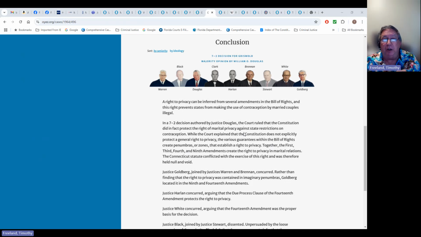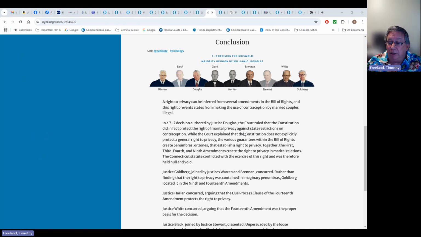The Third Amendment says the government can't stick a soldier in your house without your permission. The Fourth Amendment, which we're looking at now, says that the government cannot search your house without probable cause. So they felt that there is a right to privacy, and this privacy certainly covers a married couple's decision of whether or not to have children.